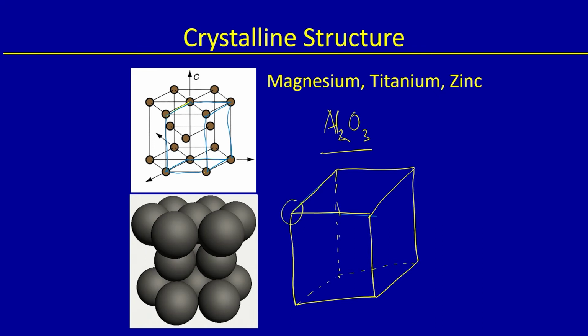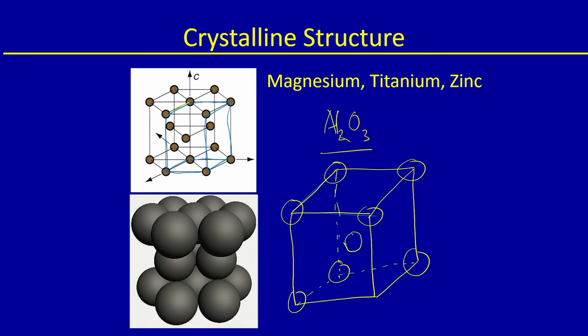You have atoms at each corner of the rhombohedron, and you have atoms at the center, not exactly the center, but in the height direction. That is what is getting repeated. If you put 3 of these together, you form this hexagon. That is what you have to understand.